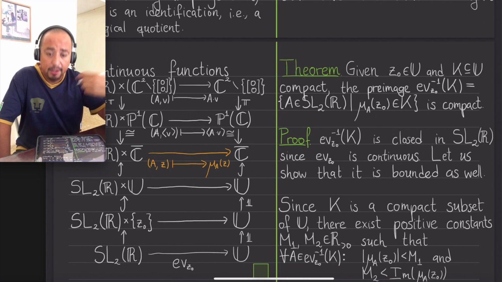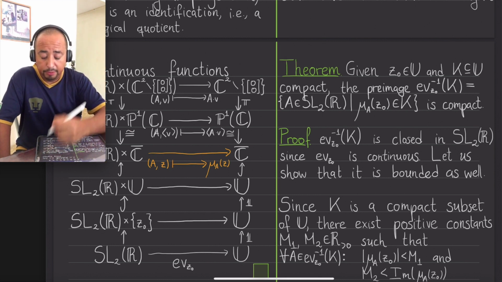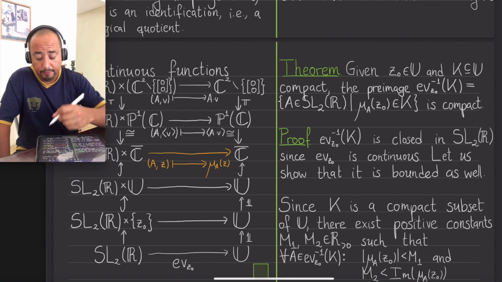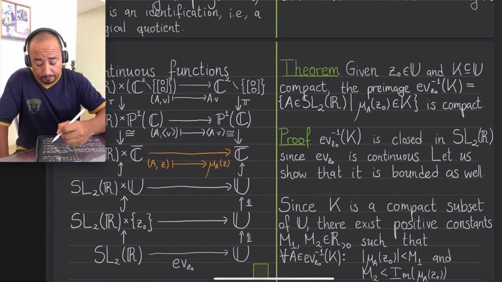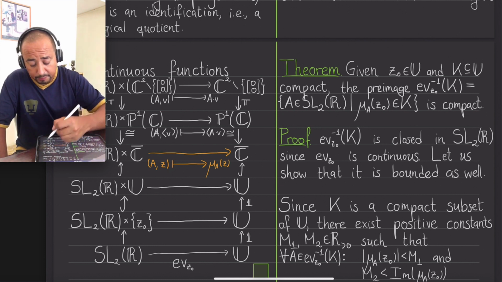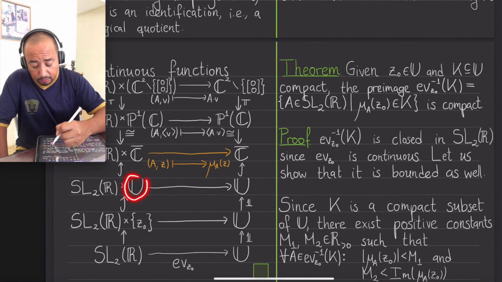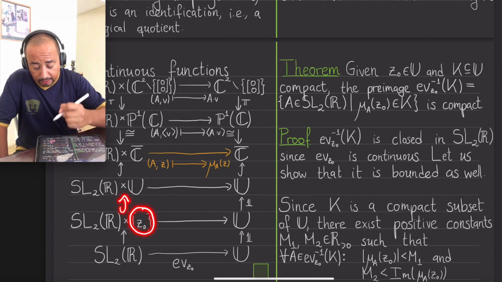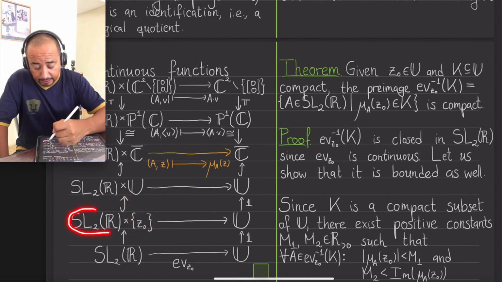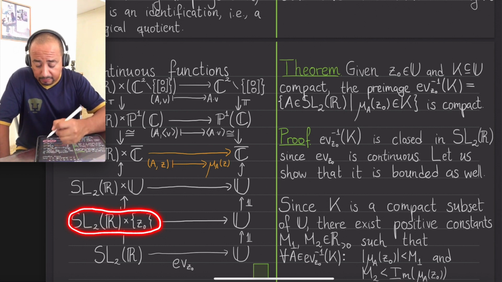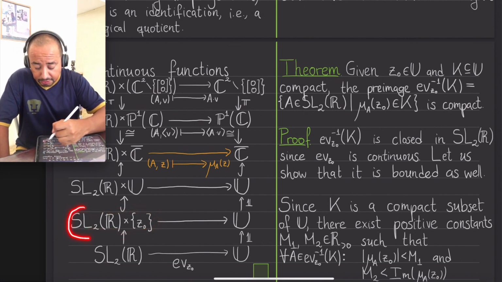And by this I mean the corresponding Mobius transformations. Okay, but I go one further specialization, because here in U I simply restrict to Z0. So I have this space, which is pretty much SL2R, but kind of decorated with Z0, right?